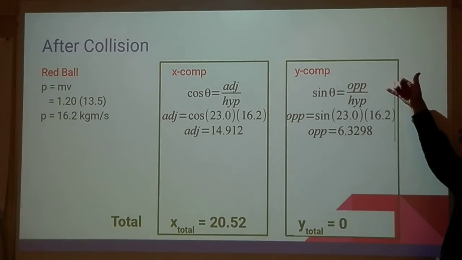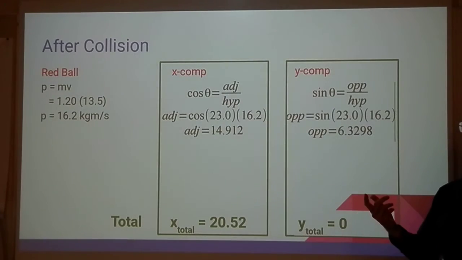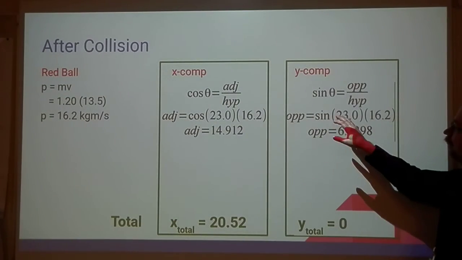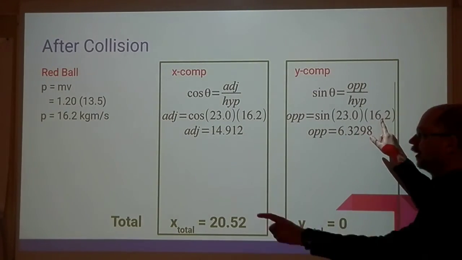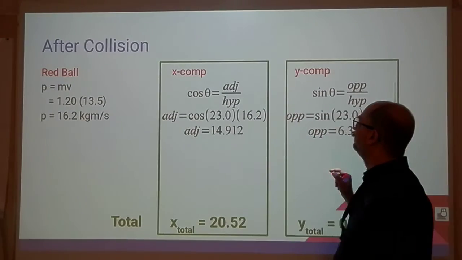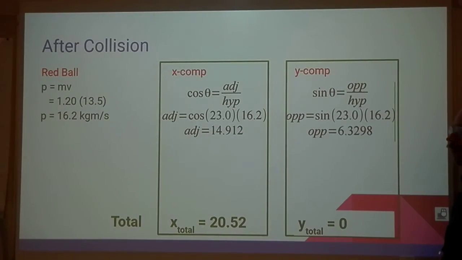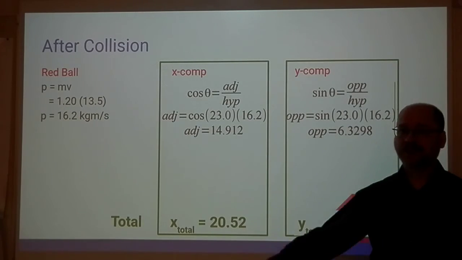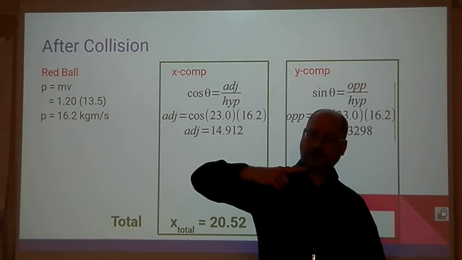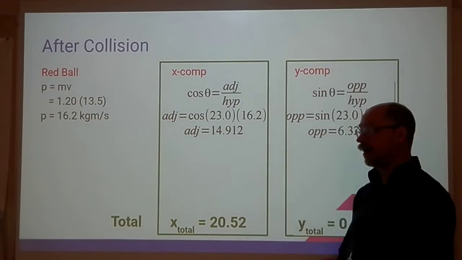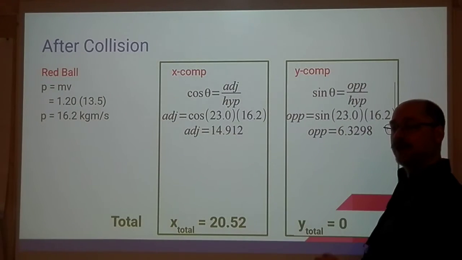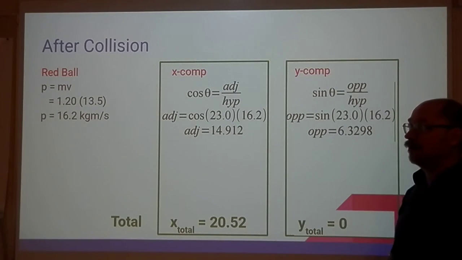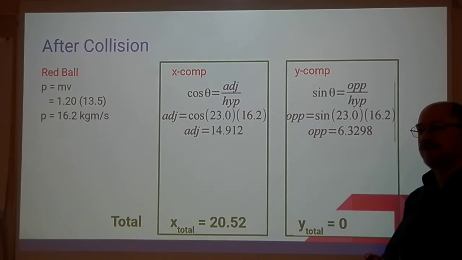So I went through all the stuff. I solved for the opposite side, which is the y component, put in my angle again, put in the hypotenuse, and I got 6.3298. So that means I have an x component that's pointing to the right, and I've got a y component that's pointing up for that red ball. Now here's the nifty part.